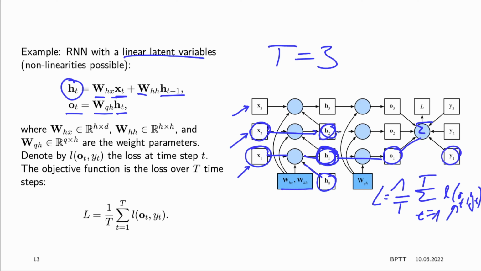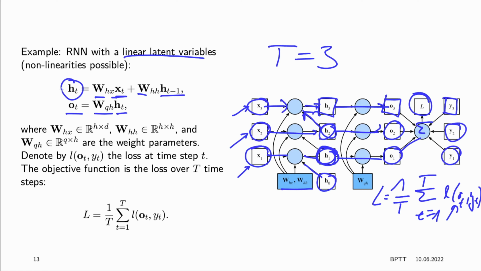Similarly, given h2, we compute o2 and compare it to y2. And finally, in the third step, we compute from the third input x3 and the second hidden state the third hidden state h3. There we can compute the third output and compare it again with y3 to compute the final term of our loss function.